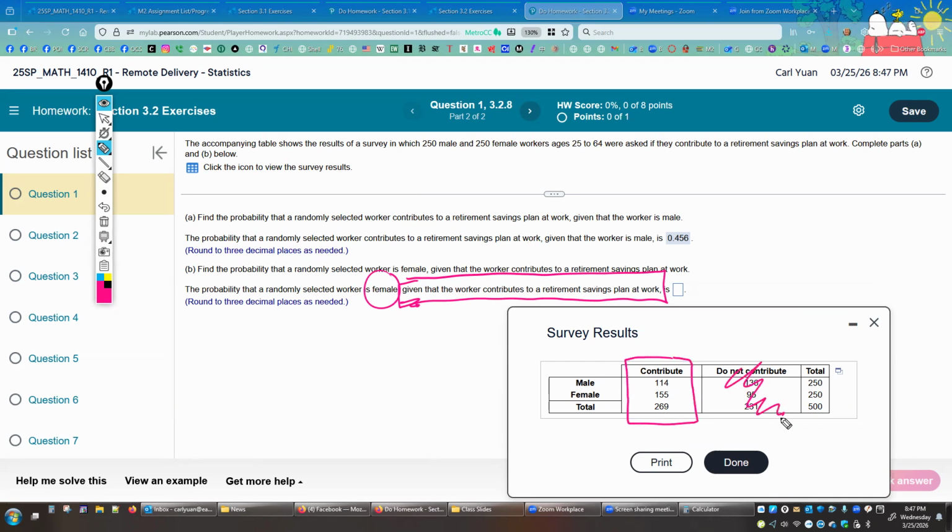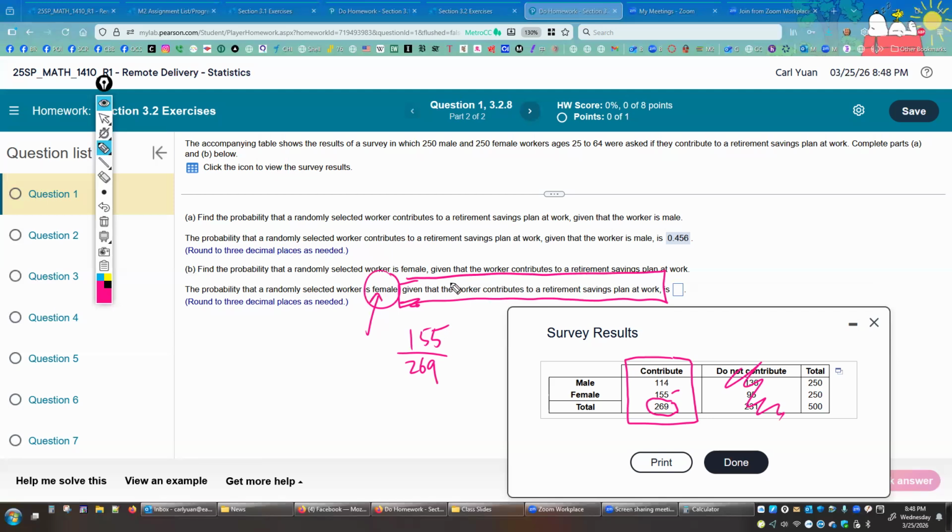Don't care about those people. So what is the denominator? The total number of people who contribute is 269. So out of the 269, what is the chance of picking a female? There are 155 females, so the probability of a female given the people who contribute would be 155 out of 269.